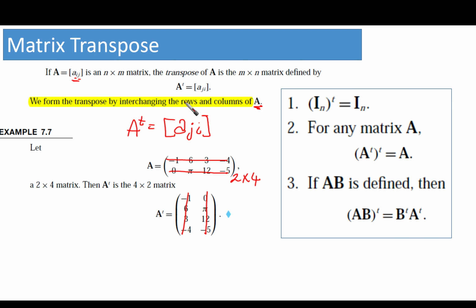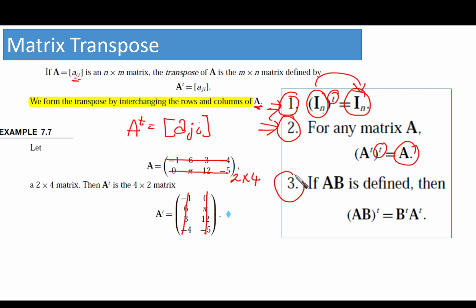Take care that there are some properties here. For the identity matrix, the transpose of I_n is going to be I_n. It is the same. For any matrix A, the transpose of the transpose of A is going to be A. Take care of this second property.